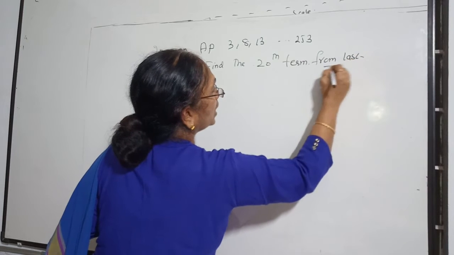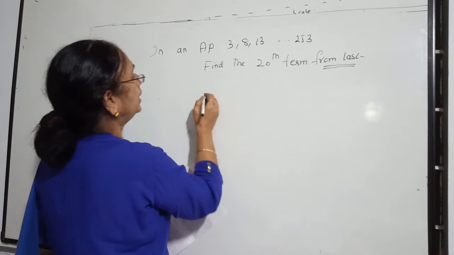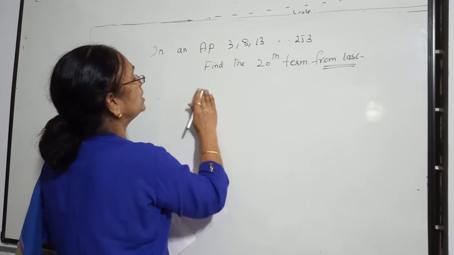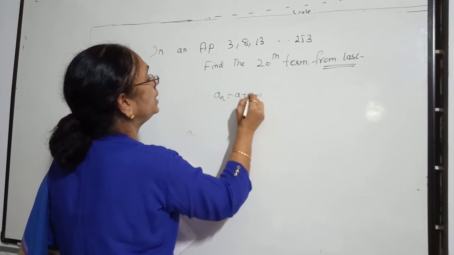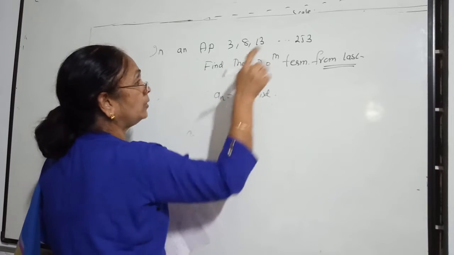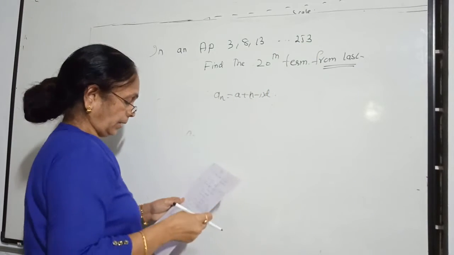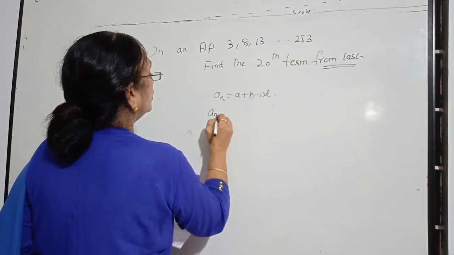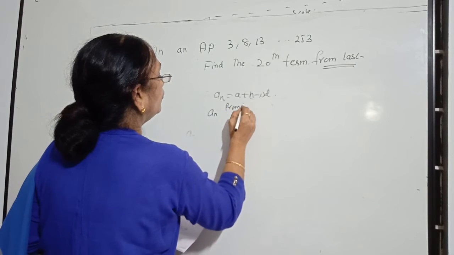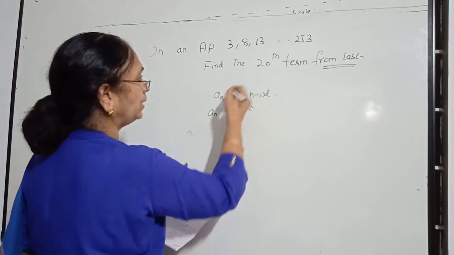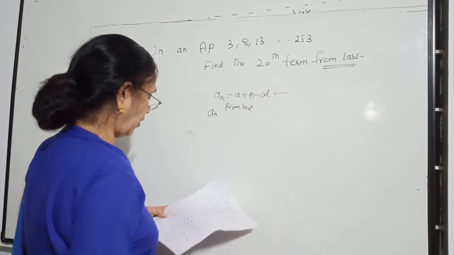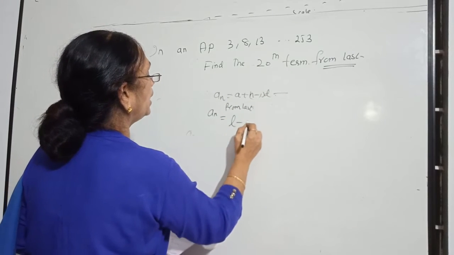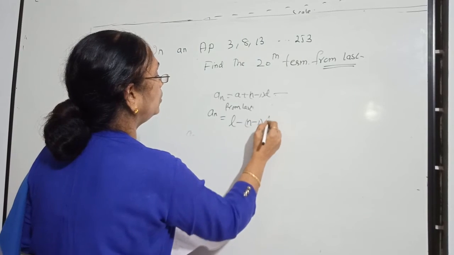See the words from last. If they ask you just the 20th term, then it is an equal to a plus n minus 1 into d. Now they are asking from last. Mostly they ask directly this formula, but sometimes they ask from last. Now from last, an is equal to L minus n minus 1 into d.